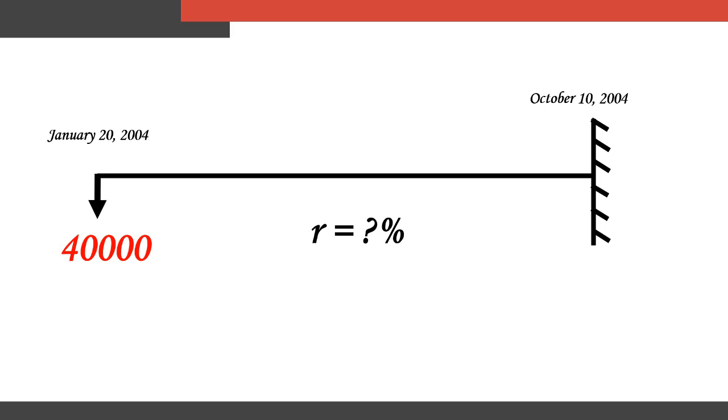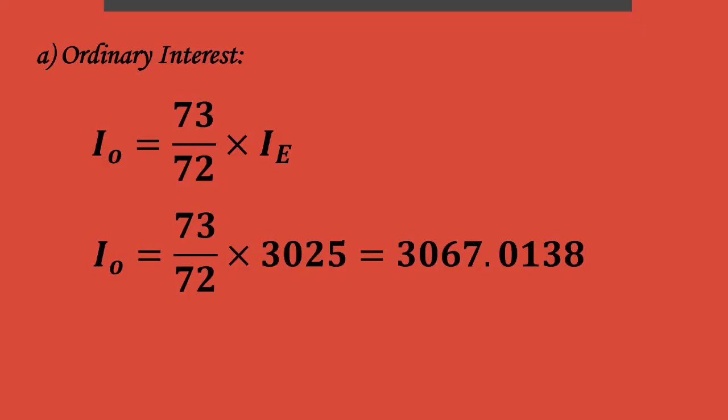This is the timeline. We have principal $40,000 on January 20, 2004. Get the balance on October 10, 2004 with unknown rate. We know I exact, which is equal to $3,025.